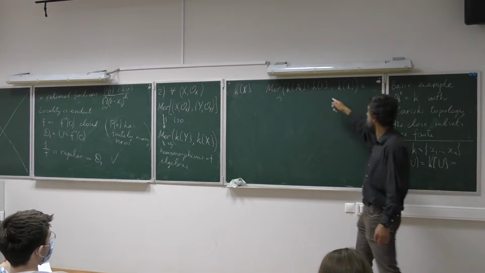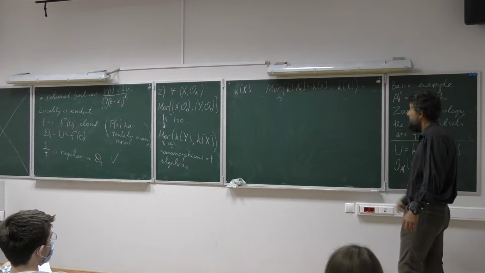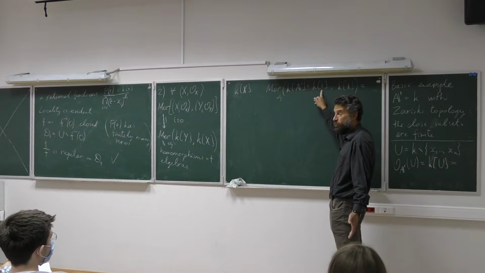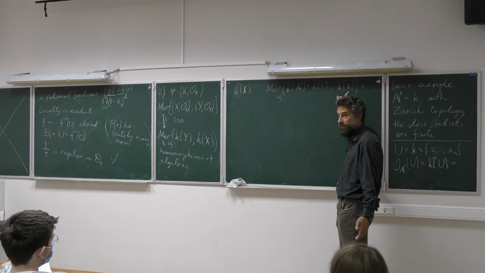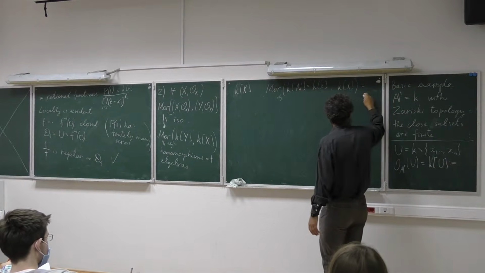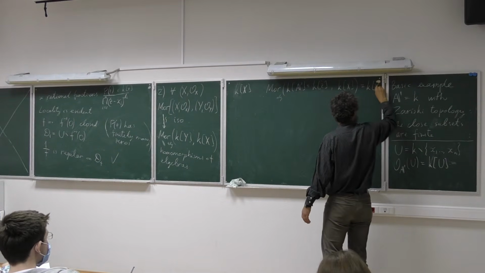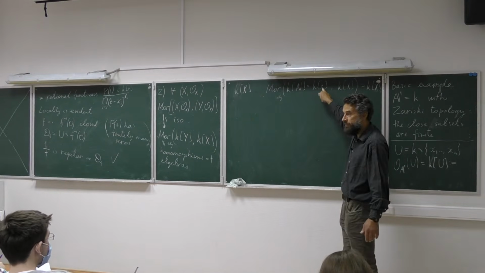Because it's a free algebra, we're absolutely free to send z anywhere we want, and then everything is reconstructed from this. Namely, a morphism goes to the image of z.